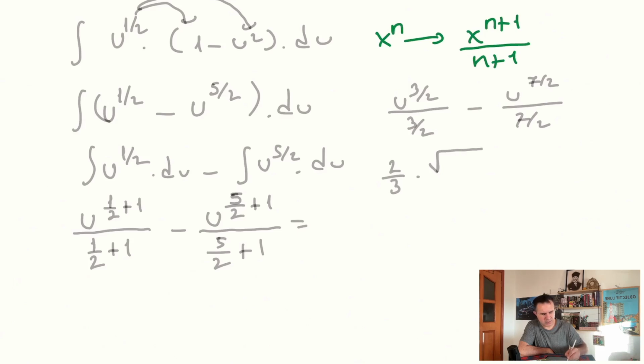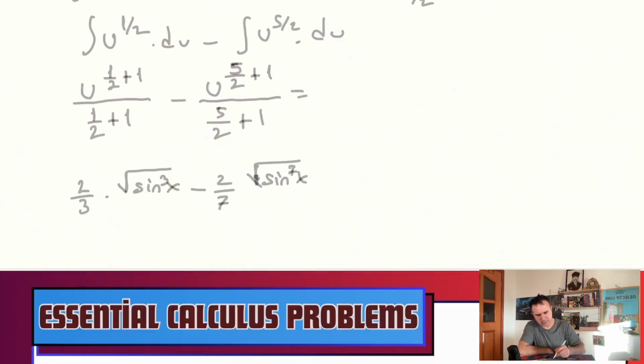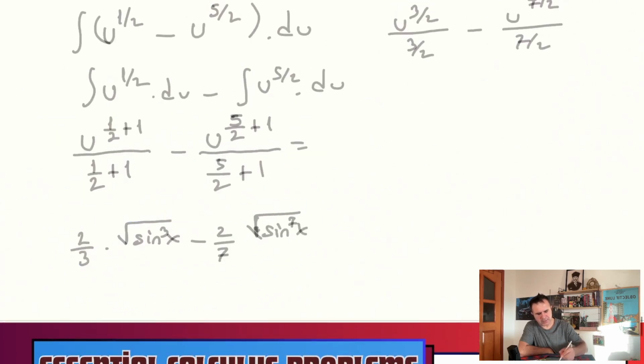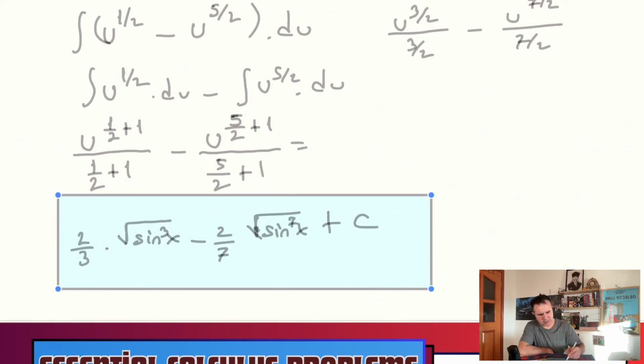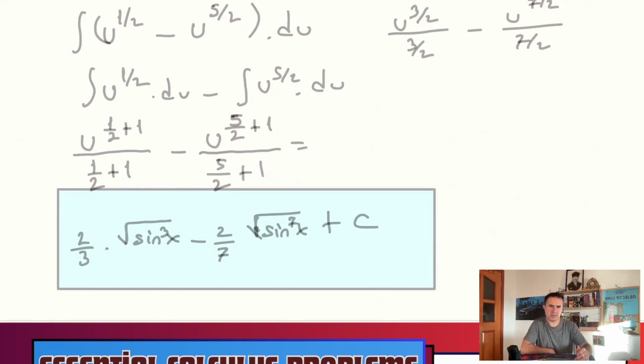U was sine x, so we get sine cube x, minus 2 over 7 times the square root of sine to the power of 7 x. And since this was an indefinite integral, we add a constant c here, and the answer is this.